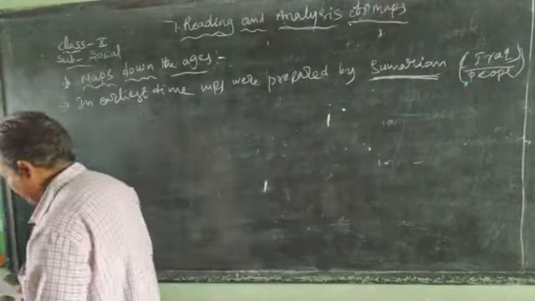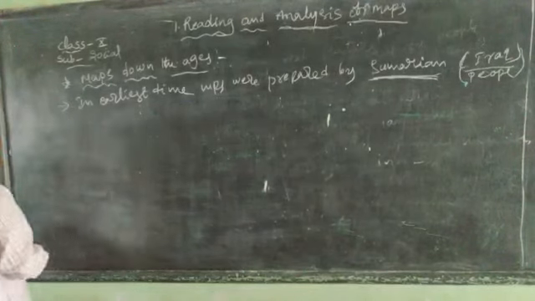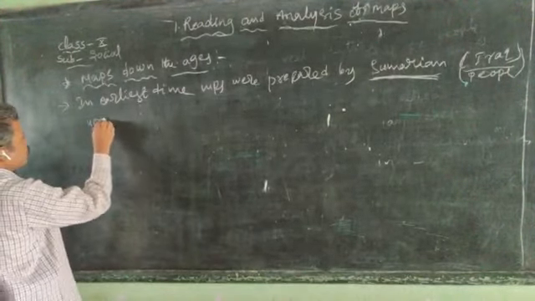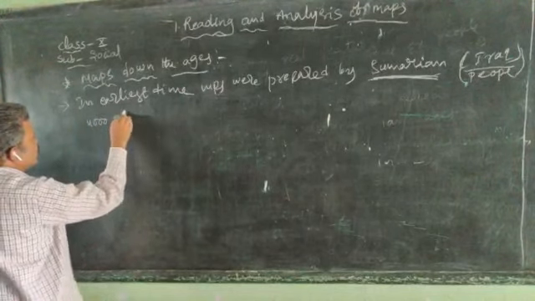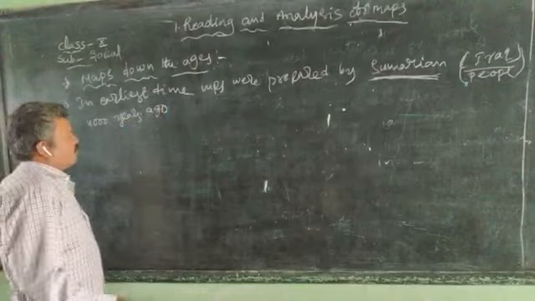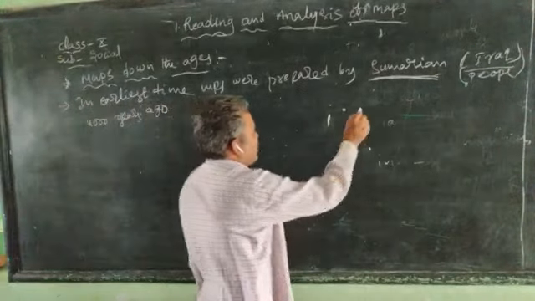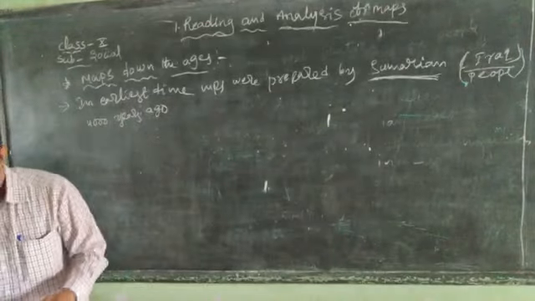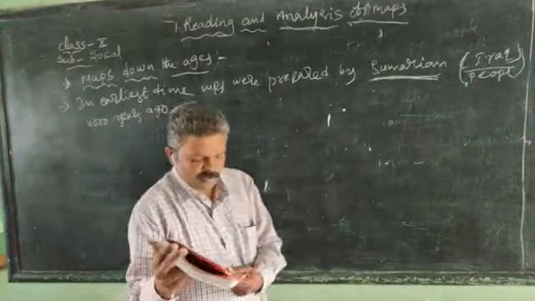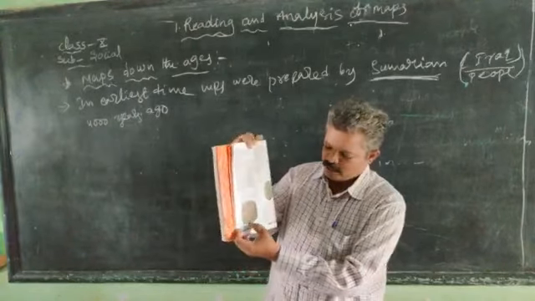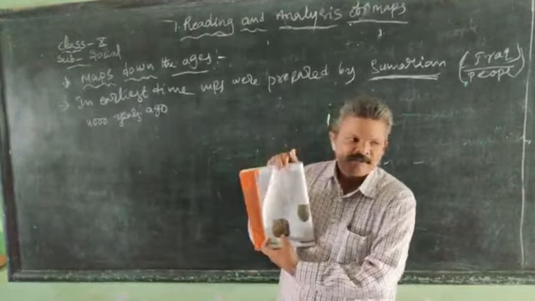About 4,000 years ago, the maps were prepared by Sumerians. So this is a Sumerian clay tablet.